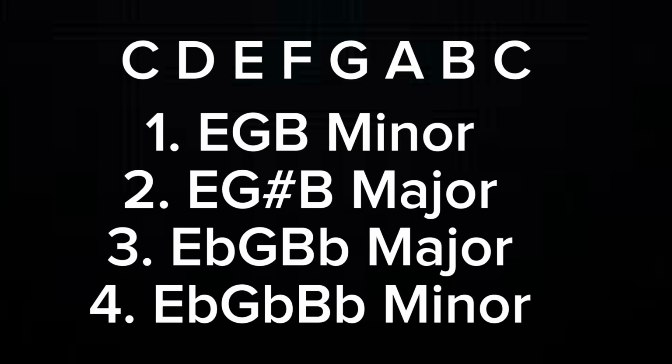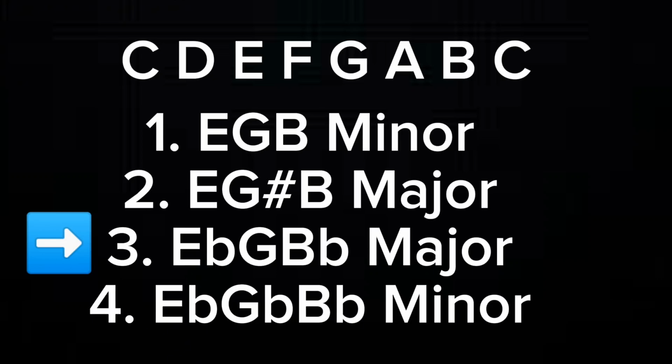The other 2 options we have, and this is where the word chromatic comes in, the term known as chromatic mediant. Instead of playing an E minor or an E major, let's bring it chromatically down a half step to E flat major and or E flat minor.